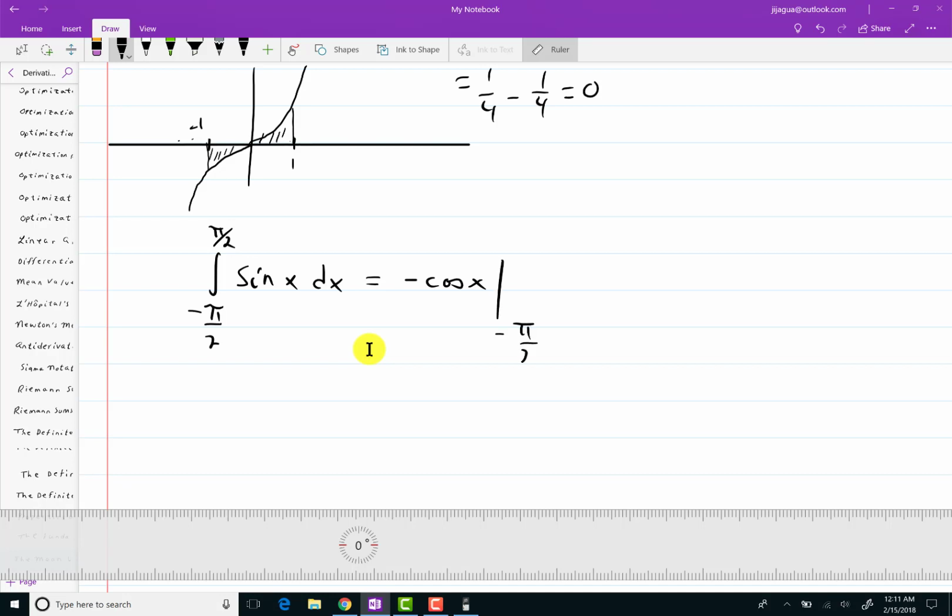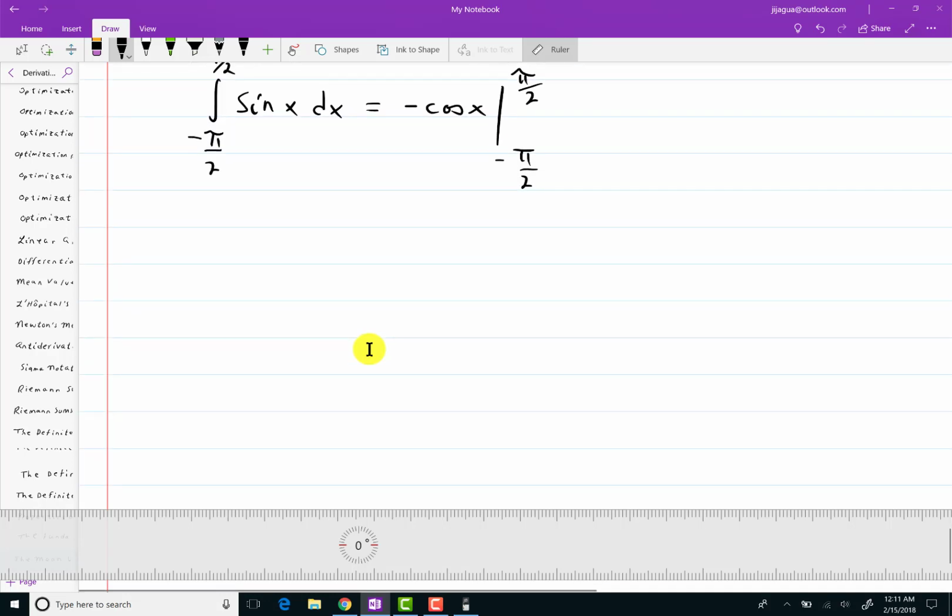That's negative cosine of pi over 2 minus negative cosine of negative pi over 2. Let's see what all that is. It really is not going to matter because this is going to be negative 0. This will be plus cosine of negative pi over 2, which is 0. Well, it equals 0.